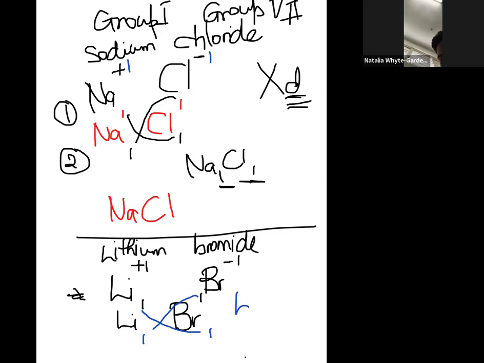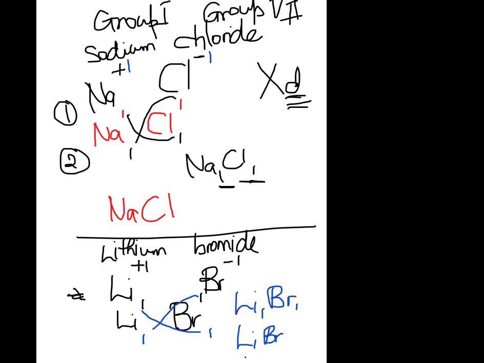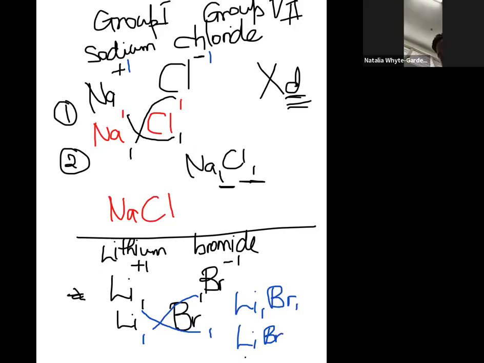So it's lithium 1, Br1. So they have the same valency. Remember I said, if they have the same valency, it's 1 of each. So it would be LiBr. Clear? Notice sodium chloride has one sodium, one chlorine.